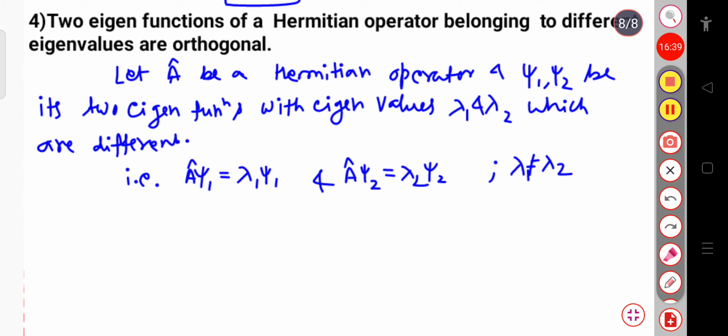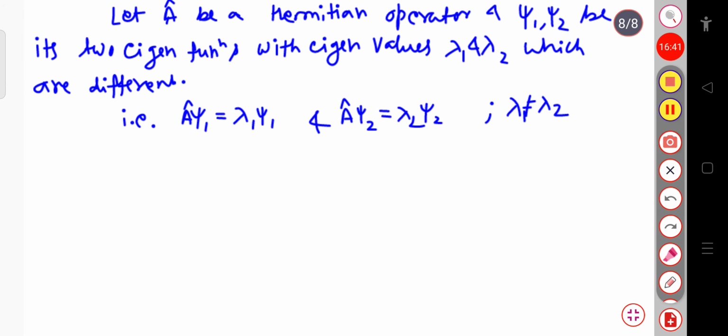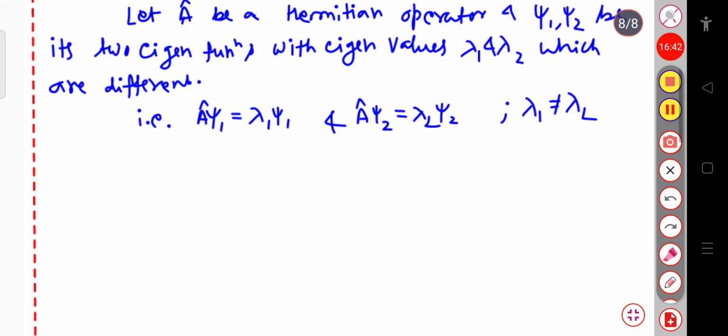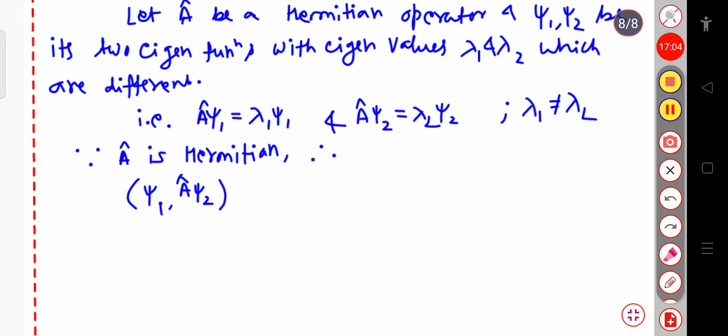Since A cap is Hermitian, therefore we can write psi 1 comma A cap psi 2 is equal to A cap psi 1 comma psi 2.